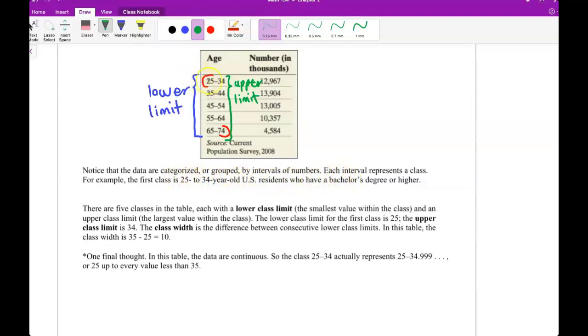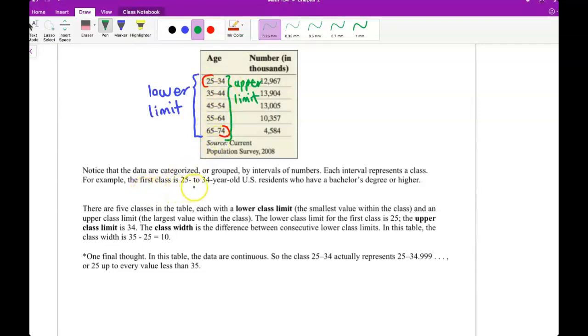Okay, so each one of these is an interval, and each interval represents a class. So this is our interval based on continuous data, and that is our first class. So here we have 5 classes. We have 1, 2, 3, 4, 5 classes.